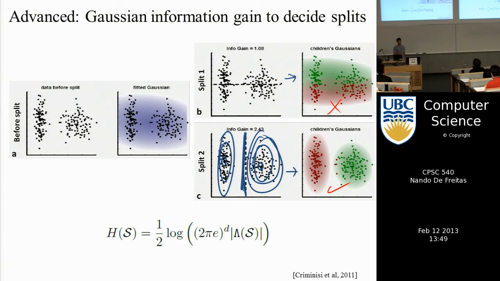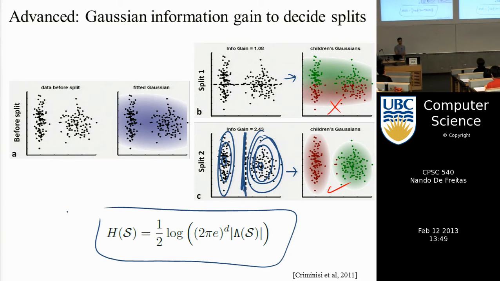And in this case, the one at the bottom has higher information. Now, how do we measure higher information when you have Gaussians? We use the formula that you all proved in your homework.